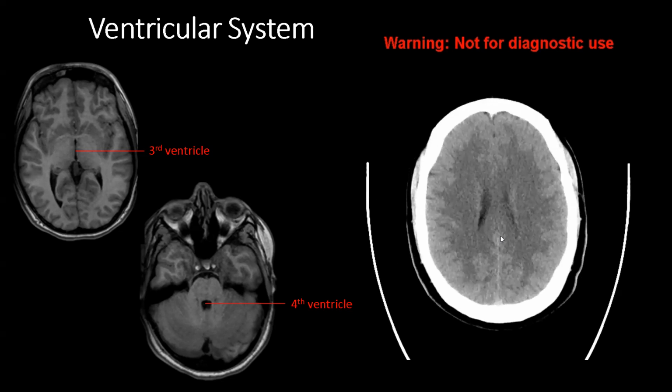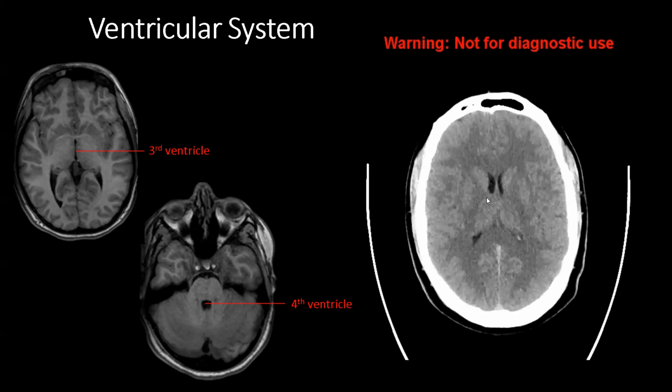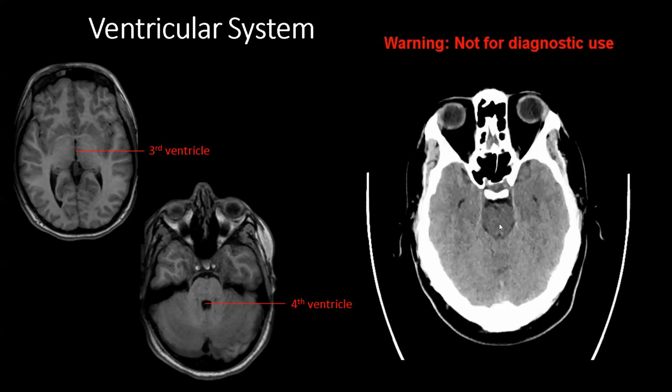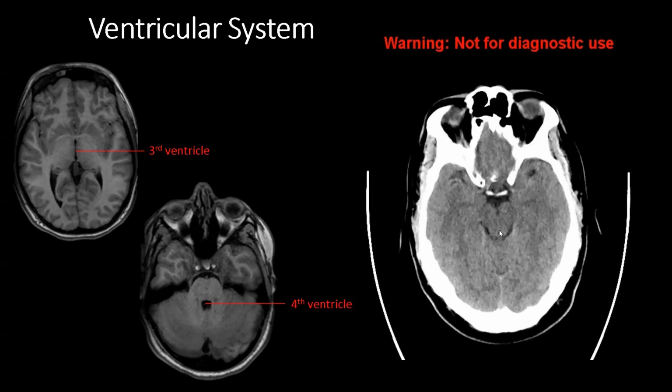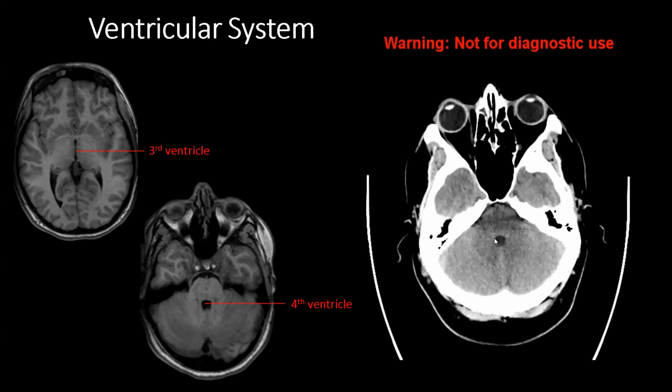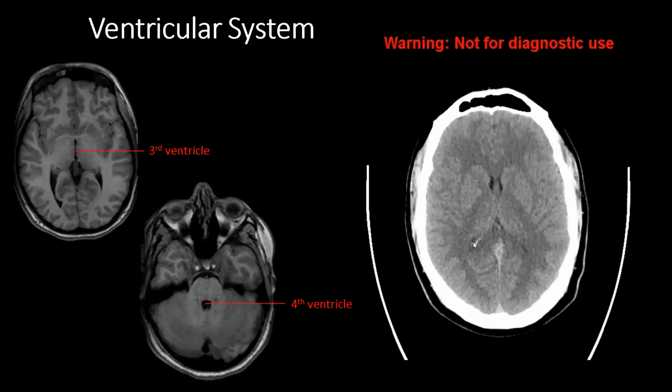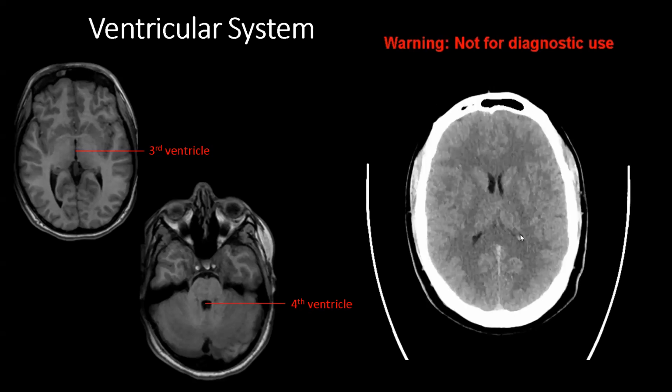So running over the ventricular system one last time, lateral ventricles drain into the third ventricle, drain into the cerebral aqueduct, drains into the fourth ventricle. Within the ventricular system, you'll have the choroid plexus, which produces the CSF, which you can see some of here, this hyperdense material within the lateral ventricles.